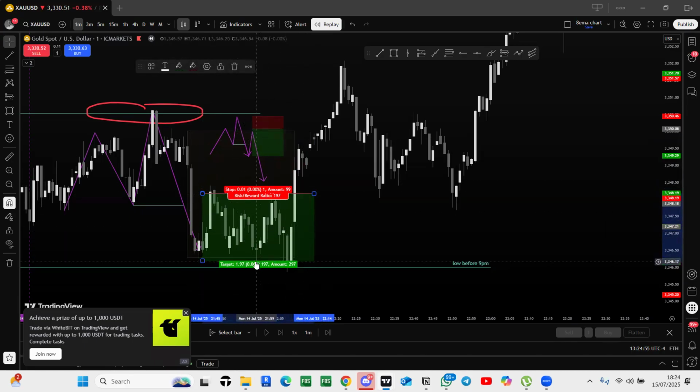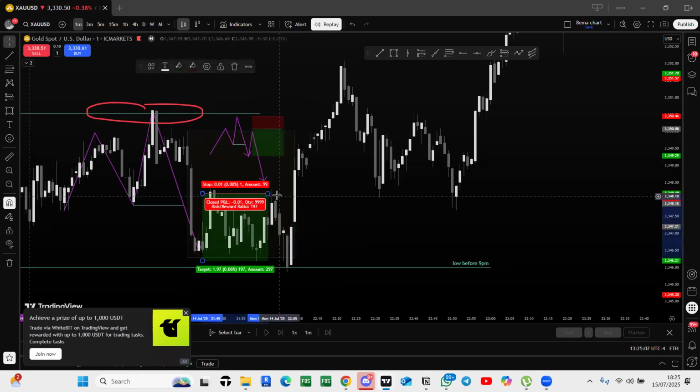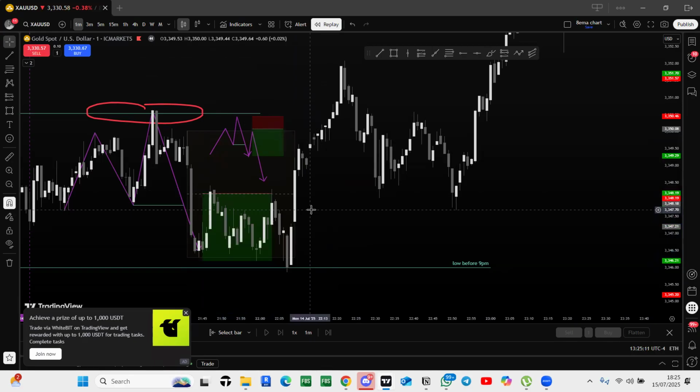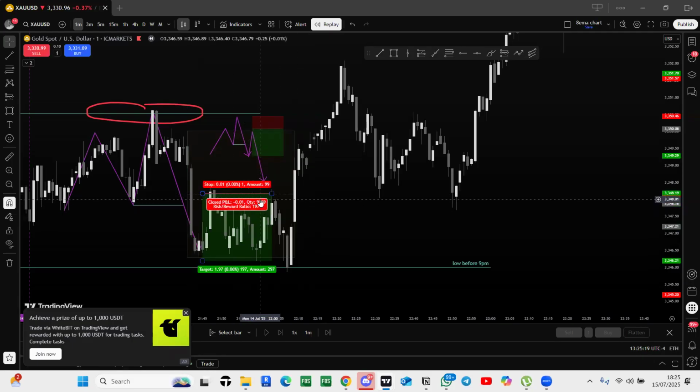You would have taken a partial, 50% off or 40% off, whichever one you want, or 70% off, and then you would have been stopped out right on this candle. So this would have been more like a break-even trade, but not break-even. You would have taken maybe a 50% win on this.